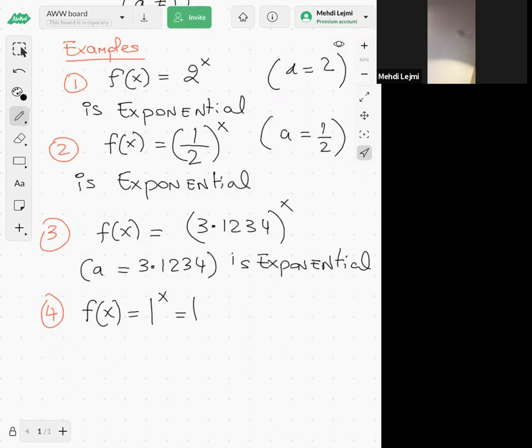So this is a constant function. It's not really an exponential function. So you need your A to be different from 1, because otherwise you would end up with a constant function.